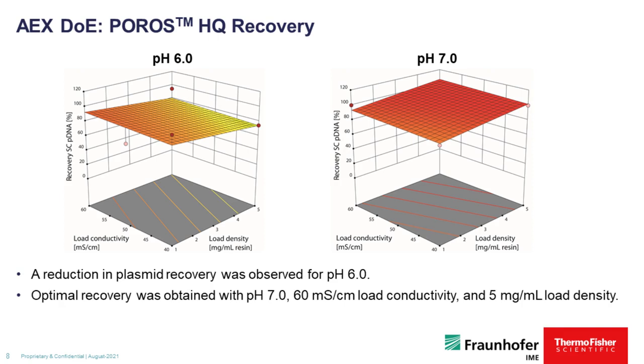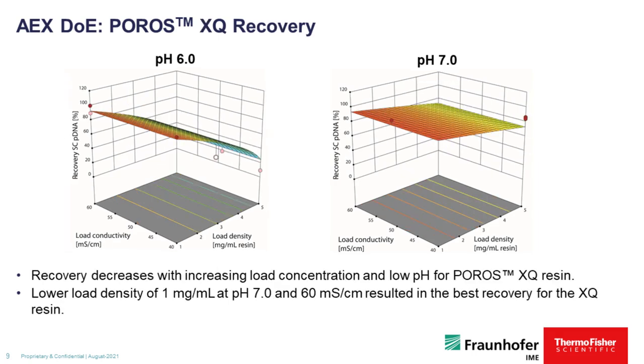On the other side, we have pH 7. We could actually obtain 100% recovery at this pH with a high load conductivity again of 60 millisiemens per centimeter and increasing the load density to 5 mg per ml.